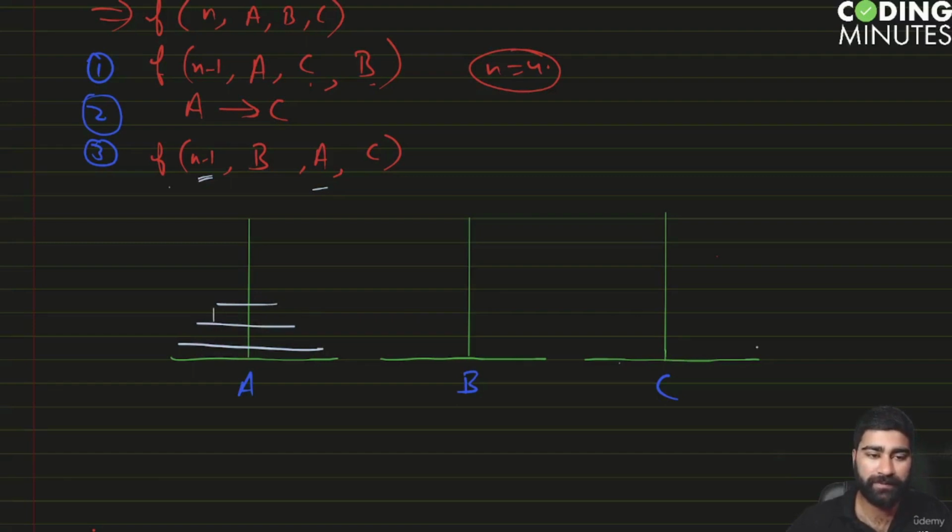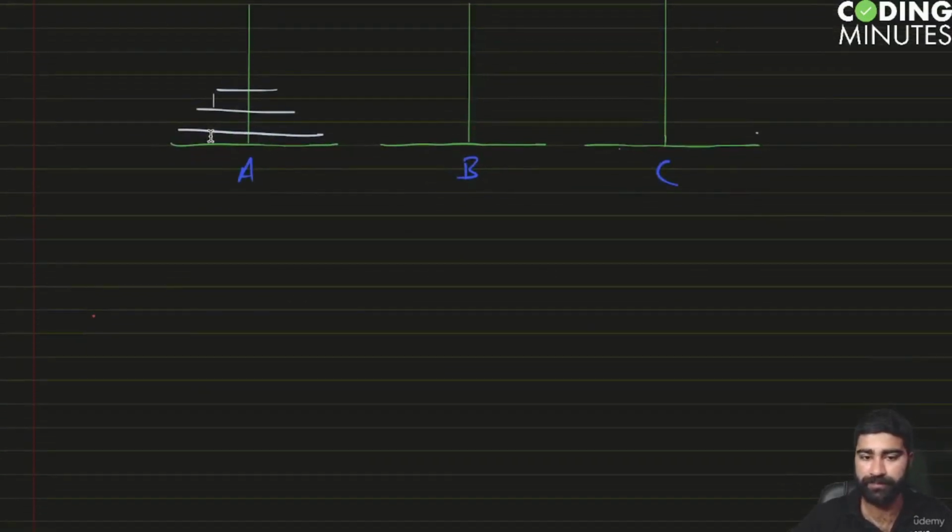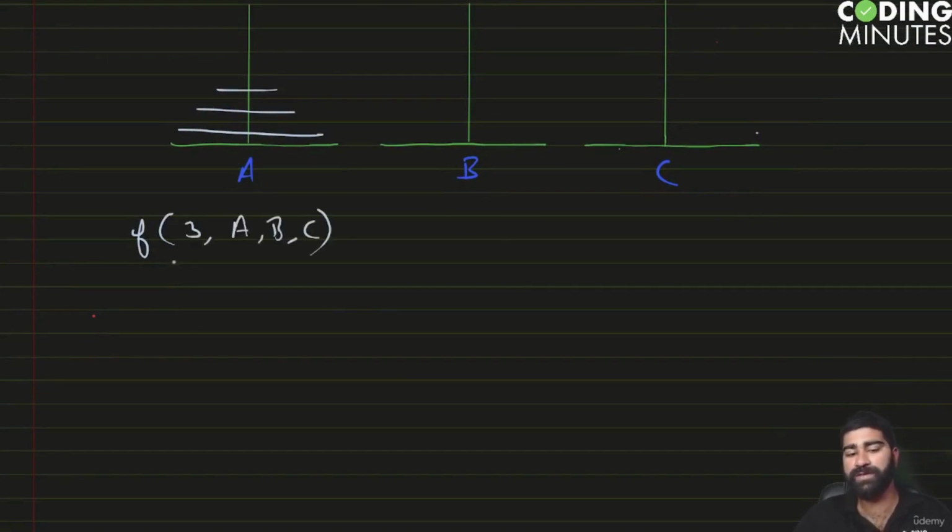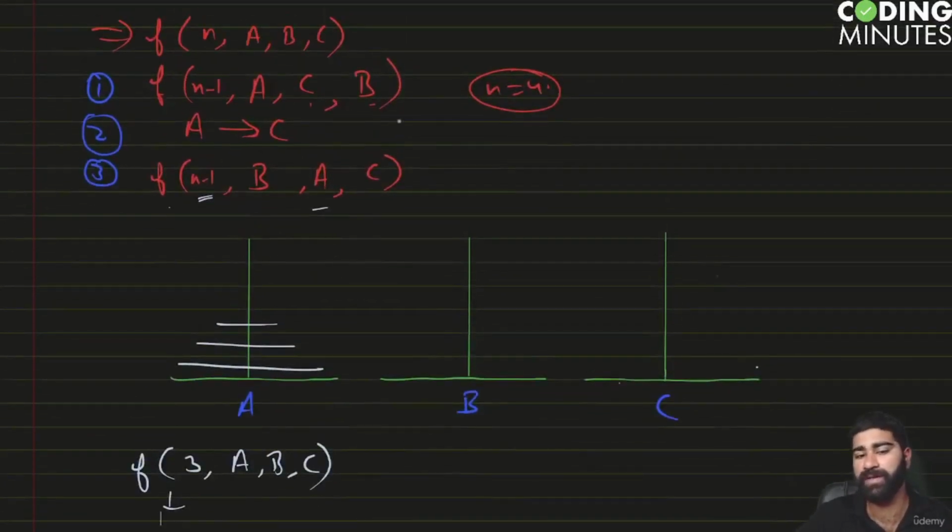So what will happen, yeah, initially I'll just call f3 a b c, move these 3 disks from a to c by using b. So what will this function give me, it will say fn minus 1 acb, right?